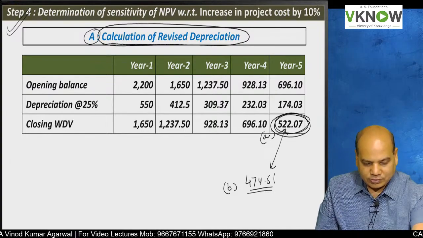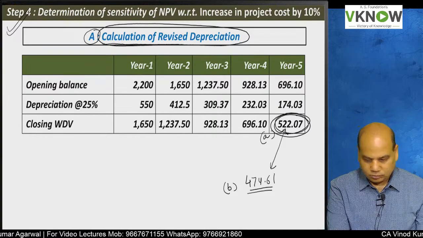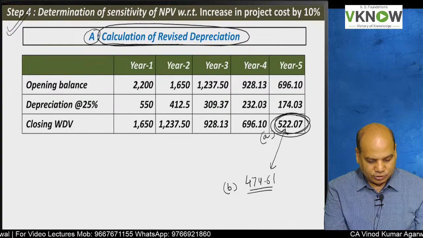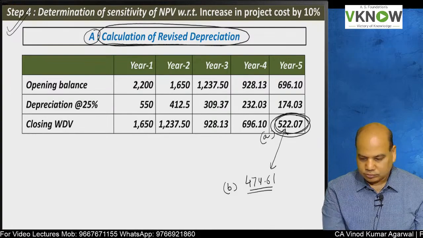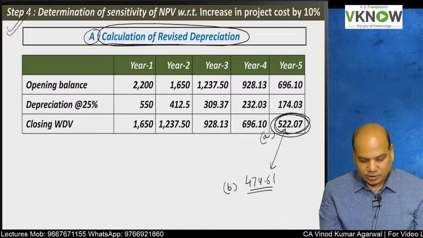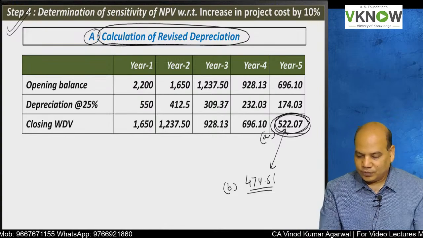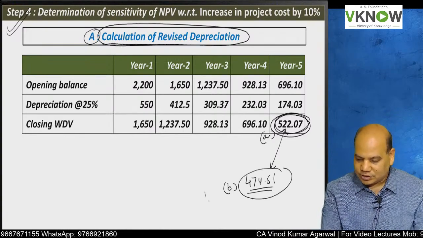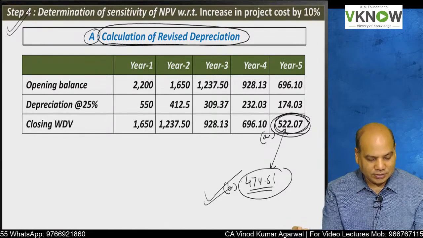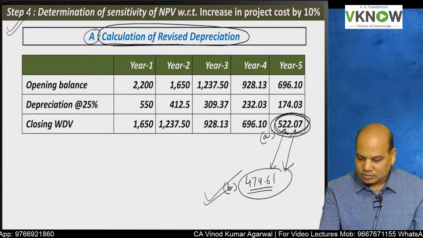Some students are saying 474.61, some are saying 522. The correct answer is 474.61. The same value we will take, we will not change anything ourselves. But what about the loss?